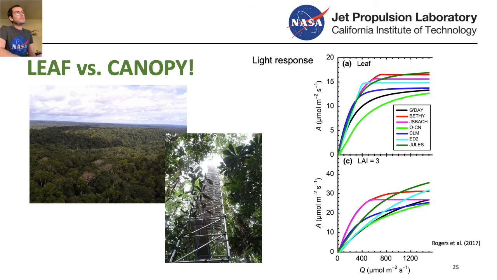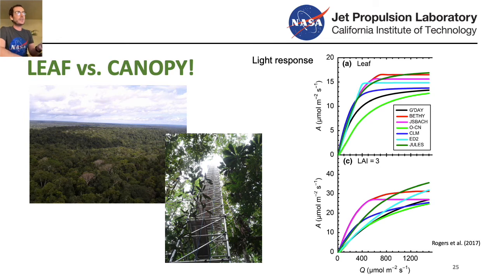However, people have the same model, the same Farquhar model, but apparently they're doing different things with it. And I really like this figure from Rogers et al. 2017 that shows the light response for a number of different land surface models.